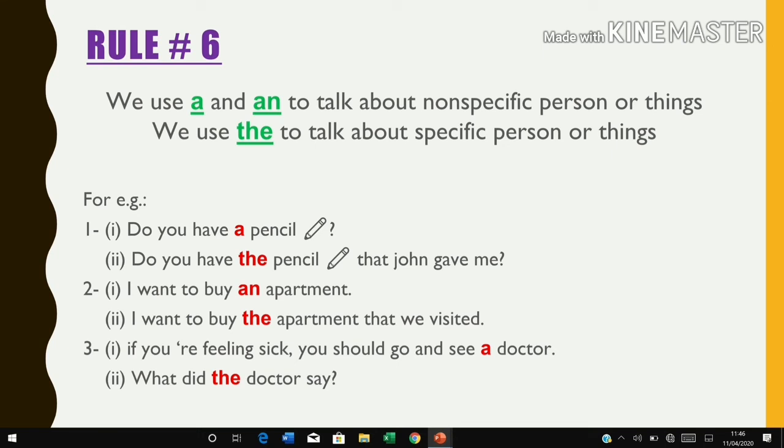Because we mean the specific doctor who the friend visited. Now, the conclusion is we use "a" and "an" to talk about a non-specific person or thing, and we use "the" to talk about a specific person or thing.